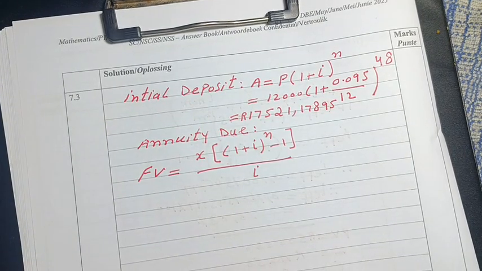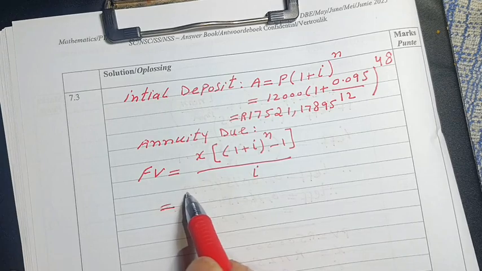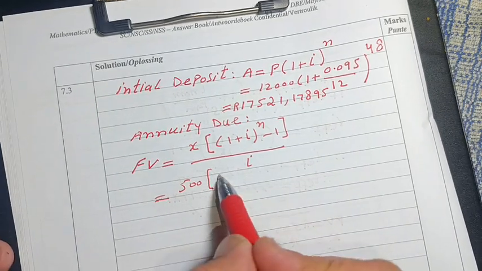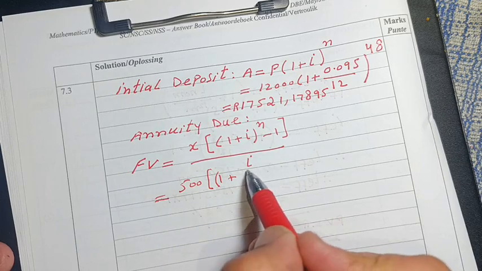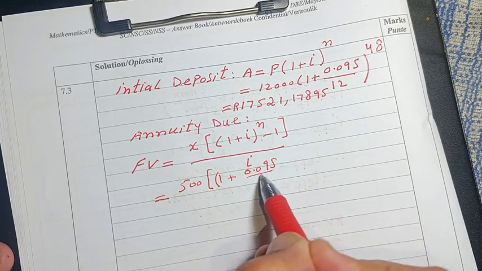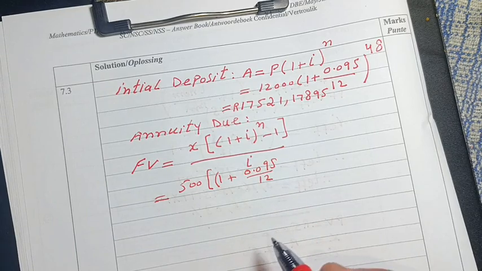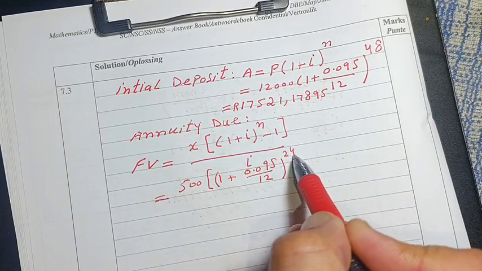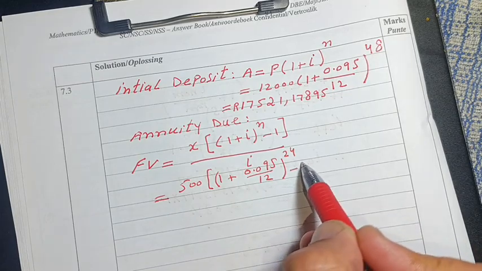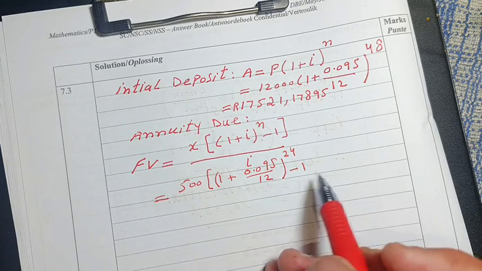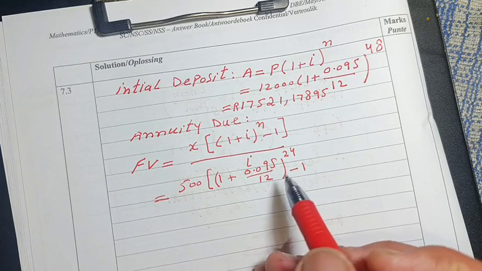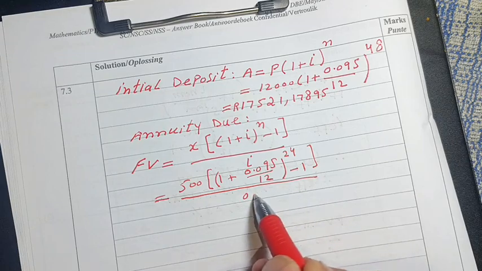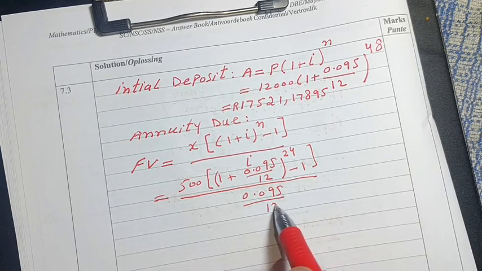Now the question is easy. 500 she deposits every month. 1 plus the interest rate is 0.095 over 12, compounded monthly, and for 24, we got 24, we worked out now, minus 1, and close bracket, divide by 0.095 over 12.